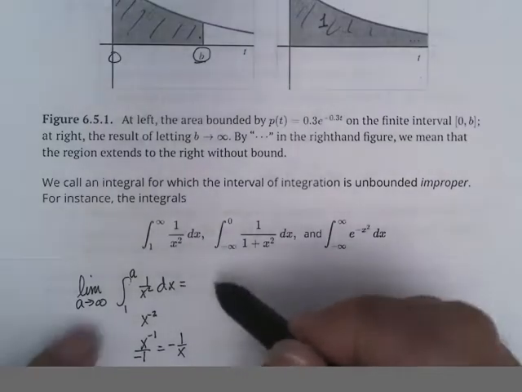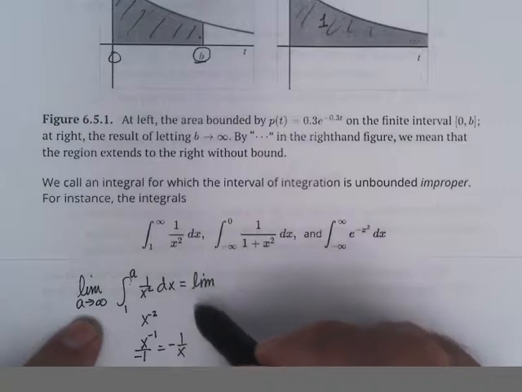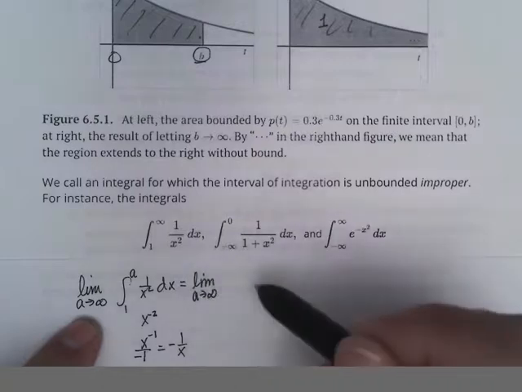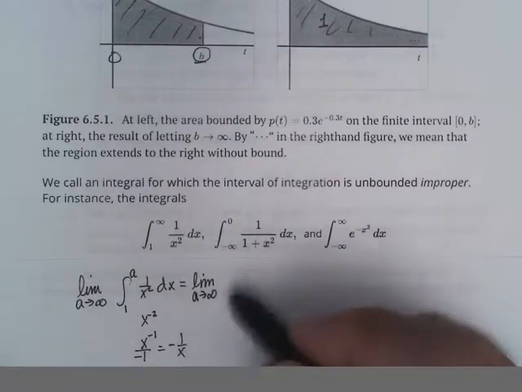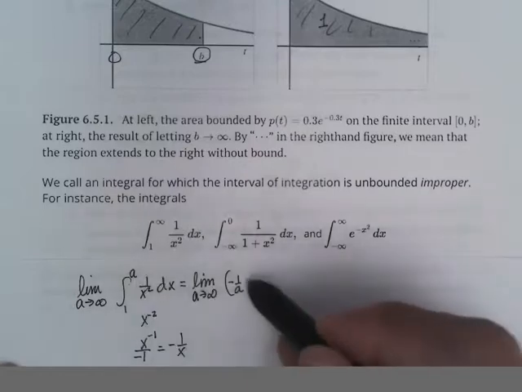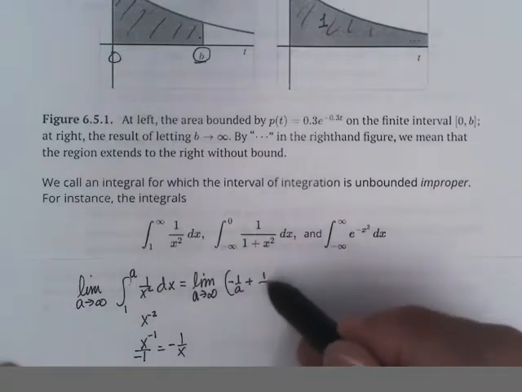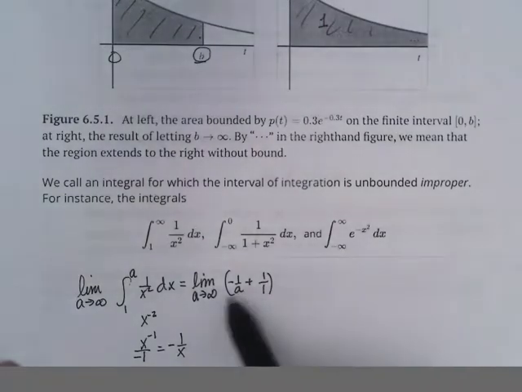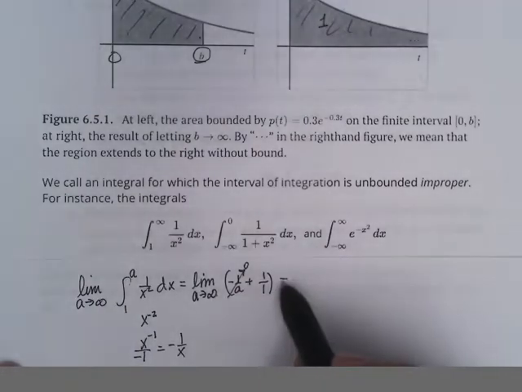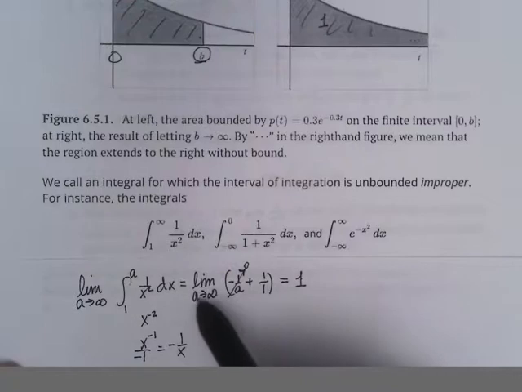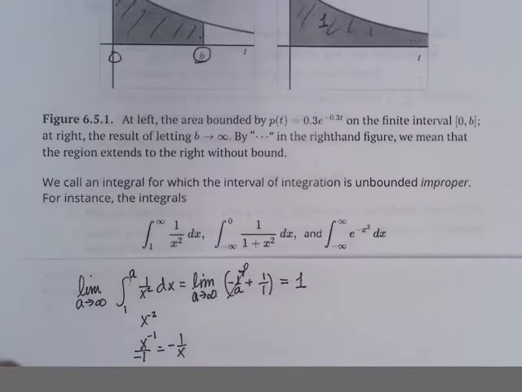So this becomes the limit as a approaches infinity of this with a put in it, so it's minus 1 over a, minus a minus, so plus 1 over 1, and as a gets very large, the fraction 1 over a goes to 0, and so this becomes just 1. This process of seeing what happens as a goes to infinity is doing the limit. Up till then, I was just doing the algebra on the rest of it.